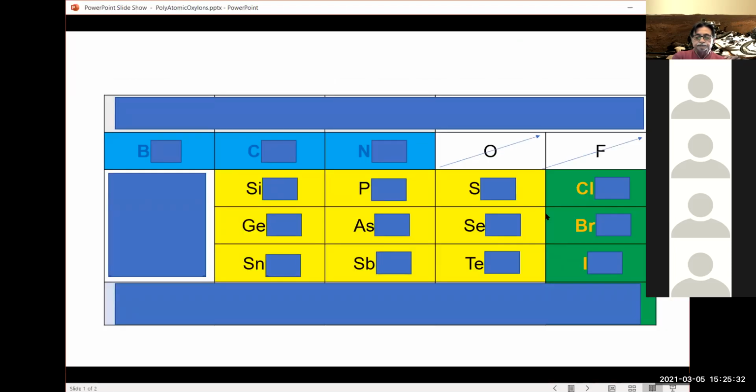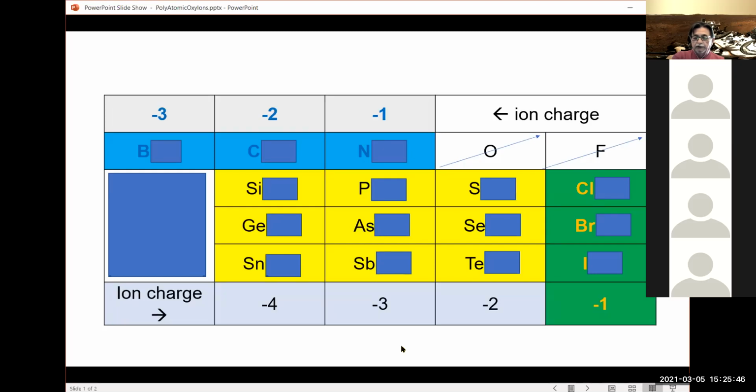Okay, where you start off with the respective element. We're not using oxygen and fluoride. Okay, it's just boron, carbon, nitrogen, so forth. All right, and so that is the corresponding charge that the polyoxides will have.